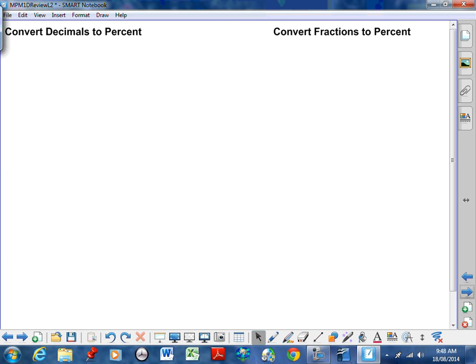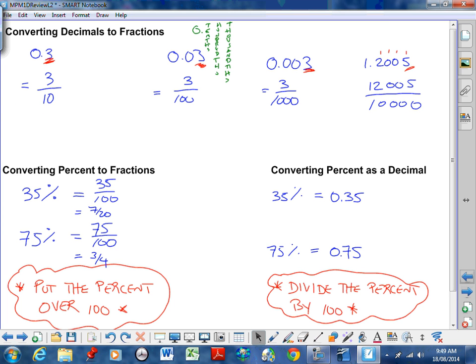Converting decimals to percent. Let's go back to 0.35. Again, I'll use the same numbers. In the previous one, percent to a decimal, the instruction was divide by 100.